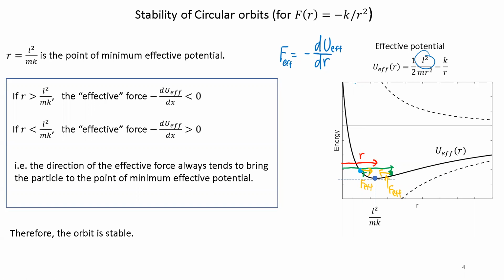If you increase the L, the potential curve should look something like this, so your new minimum point is over here, not here anymore.